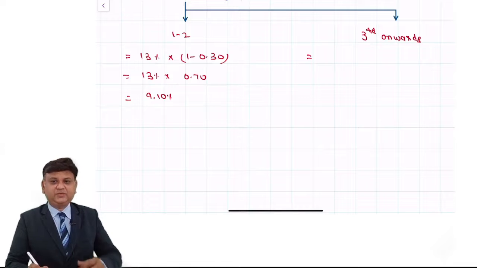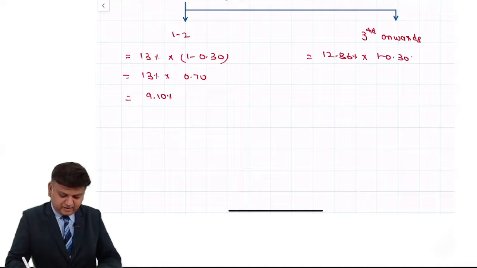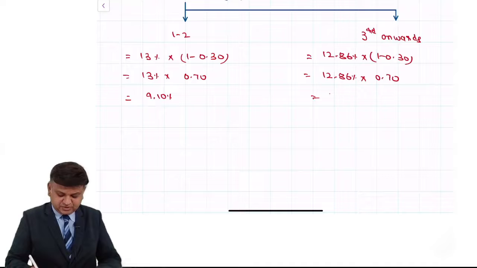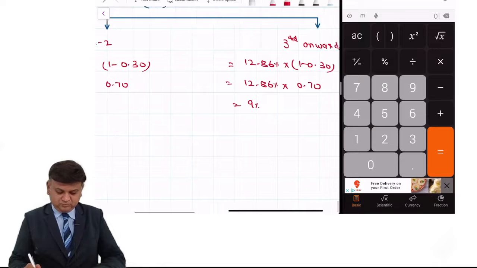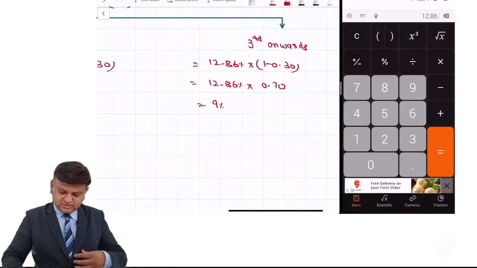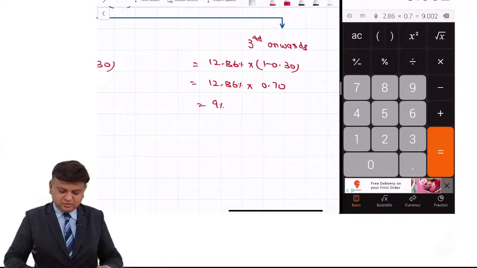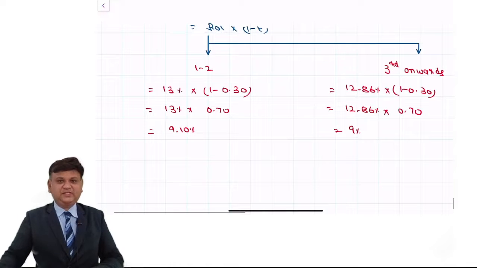Third year onwards for perpetuity, it is 12.86% into 1 minus 0.3. 12.86% into 0.7, that comes to 9.002, that comes to 9%. That is the way we make the computation of the cost of debt financing.